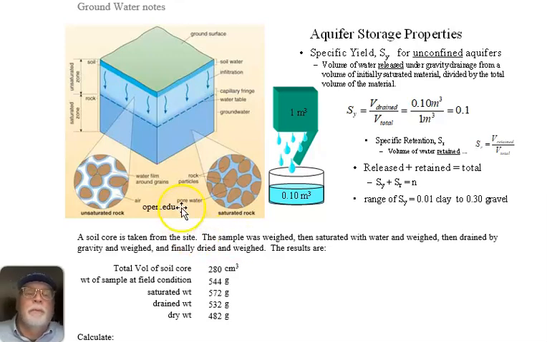All right, so I have a diagram here of a section of the ground. Below the water table, we have saturated formation, saturated rock. So the pore spaces are filled with water.